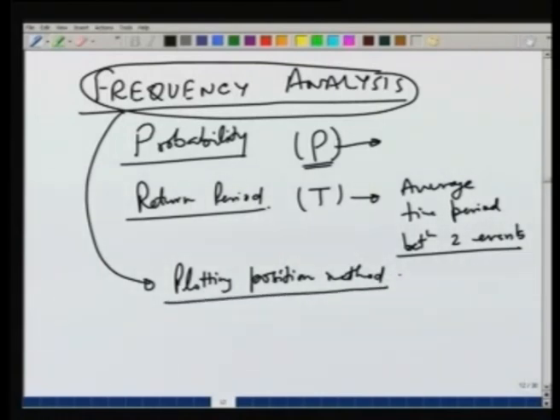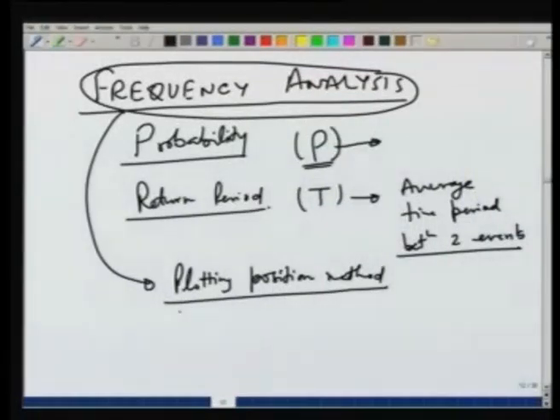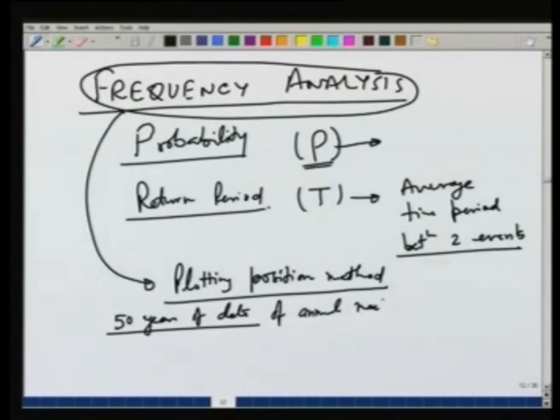In which we obtain the values, let us say annual rainfall, and arrange it in an order. So, let us say we have 50 years of data of annual maximum rain in 1 day.